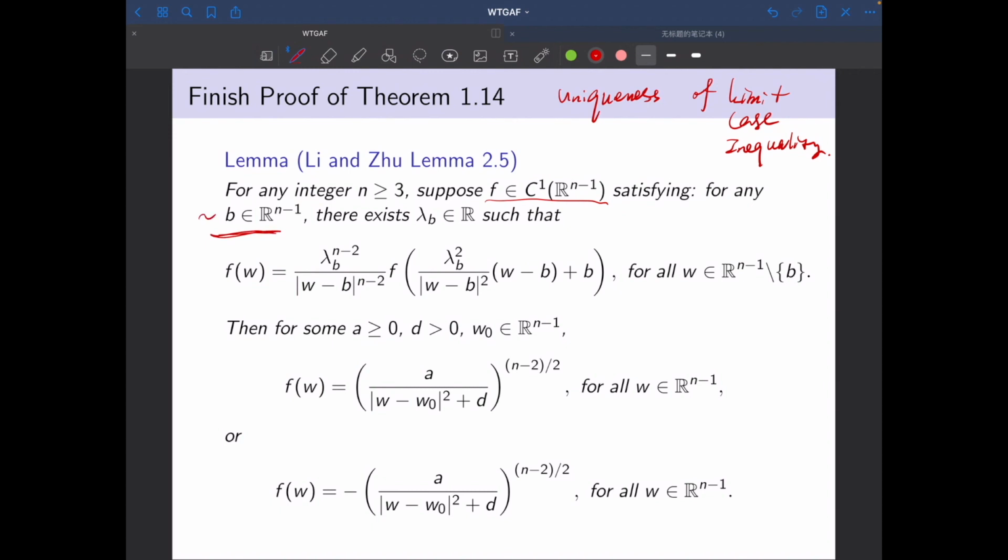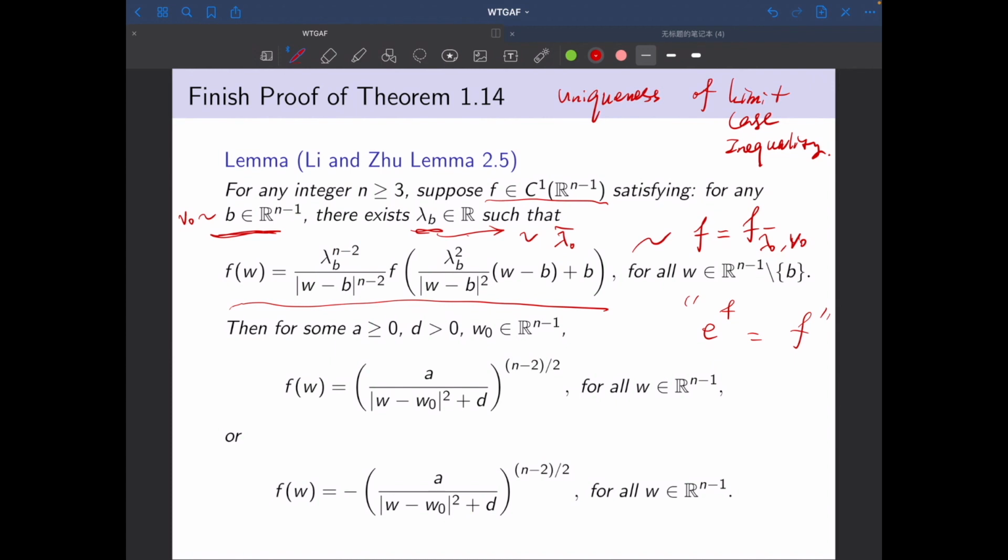This is equivalent to our point V naught. There exists a lambda B, which is equivalent to our critical value lambda naught bar, such that f equals this transformed version of f. This is equivalent to saying that our f equals f lambda naught bar v naught. But the relation between their f and our f is that the exponential of their f equals our f.